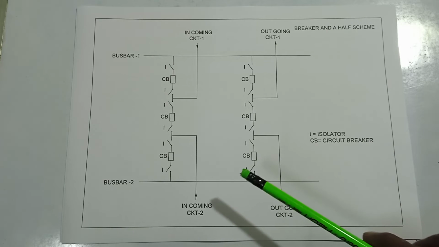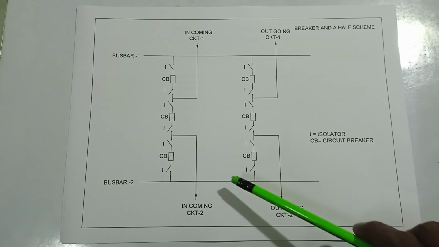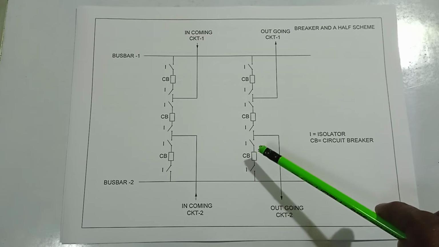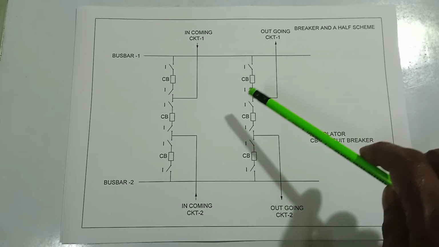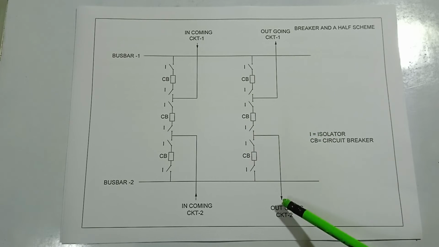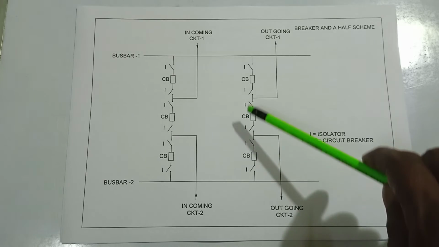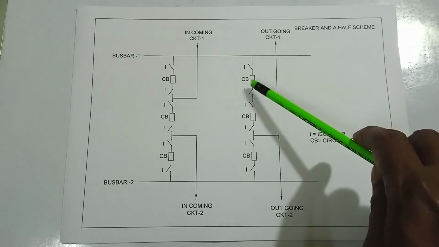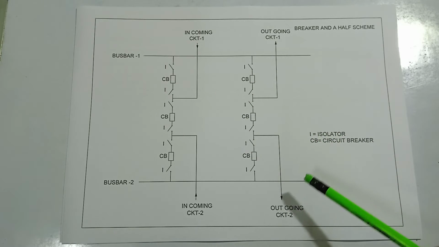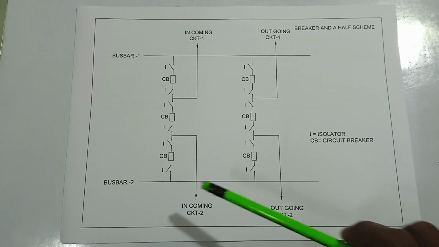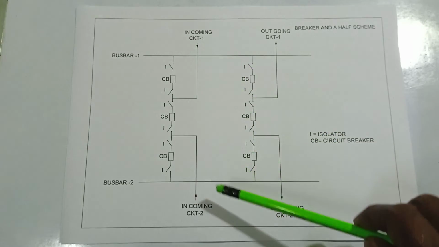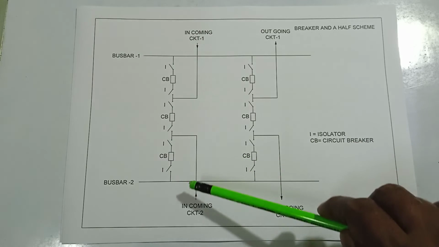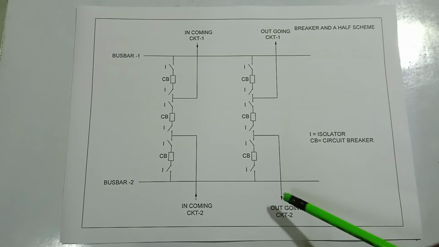Suppose this breaker is removed or off, then the outgoing circuit gets supply from this line, from these two breakers. In general, the two bus bars are energized and supply comes from the two bus bars.